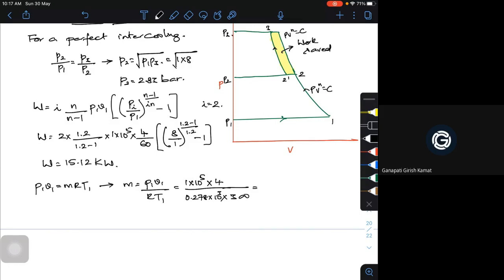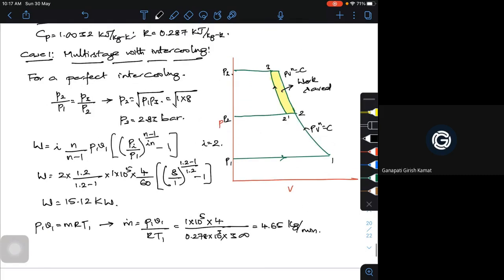So I am getting around 4.65 kg per minute mass flow rate, m dot. This is about your multi-stage with intercooling.